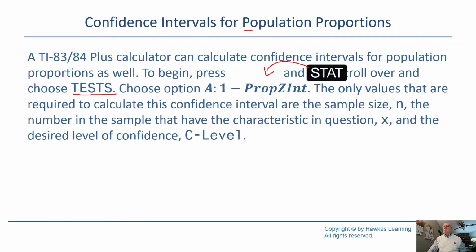Now this one's for population proportions. So this one's different. Number 1 was for the mean, where you knew the standard deviation. Number 2 was for the mean, where you didn't know the standard deviation. And this one is for the population proportions.